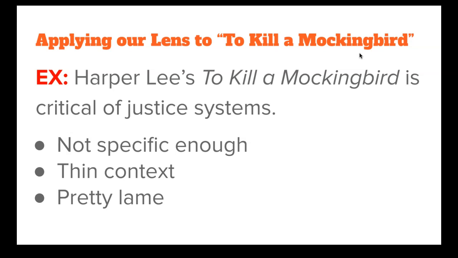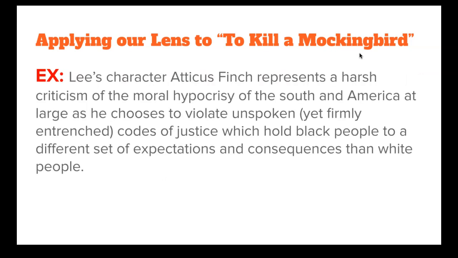Nowhere near specific enough, extremely thin context, and again, pretty lame. It doesn't really even do any thinking. We can see that she's obviously critical of justice systems, but how, in what way, and why? So this might be something that's a little bit more functional, a little bit more meaningful, and will lead you to find better evidence and make better analysis.